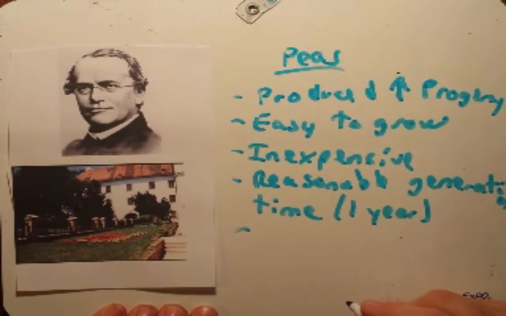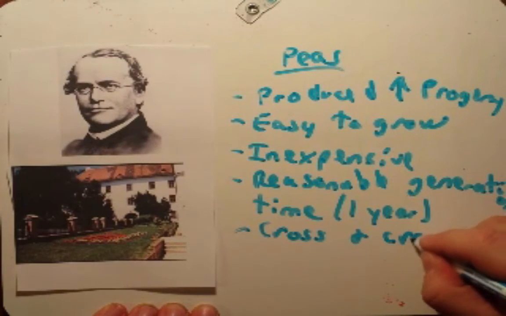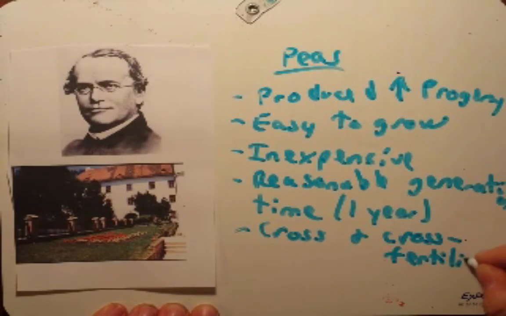One unique thing about plants, unlike some model organisms, is you can cross them easily, and you can cross-fertilize them. So you can take a plant that is, say, big A from our last slide here, and cross it to itself. So essentially it's a big A times a big A. You can't do that with most animals, right? This is something that is unique to plants.